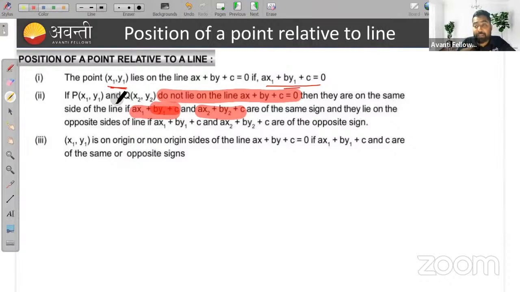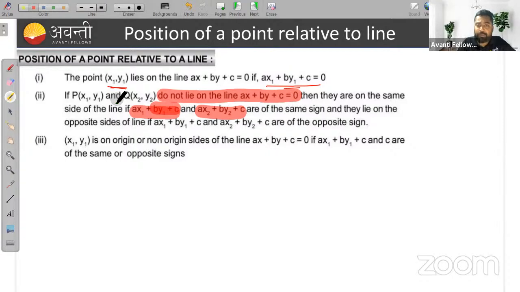If they give you opposite signs, then both points are lying on opposite sides of the line.